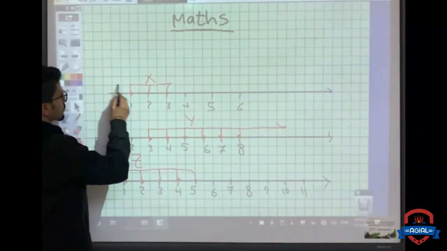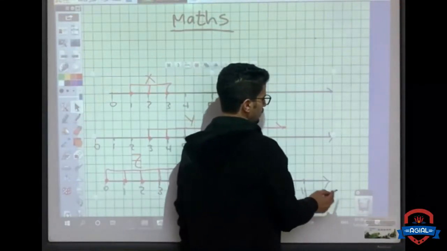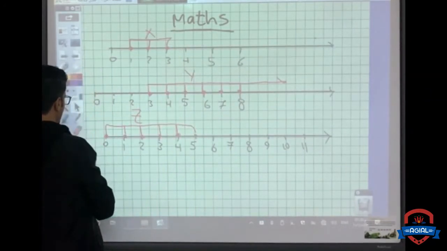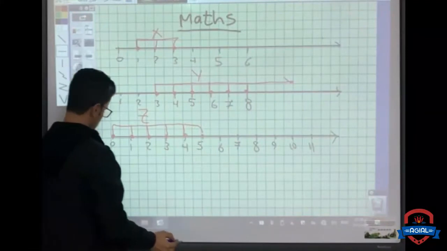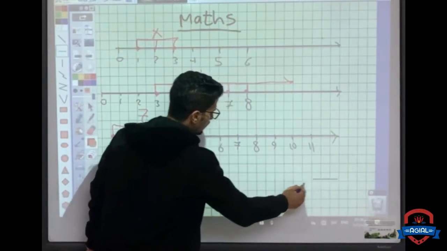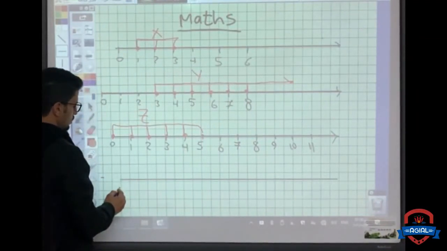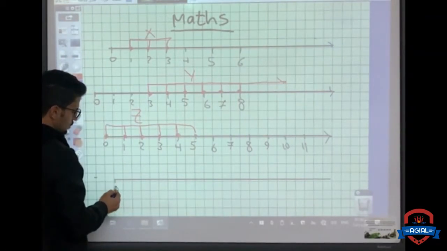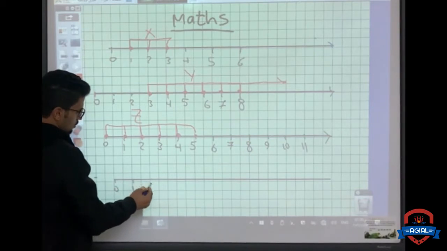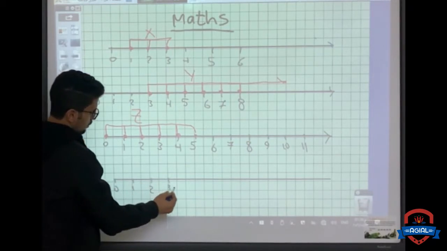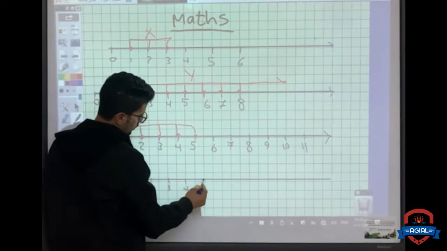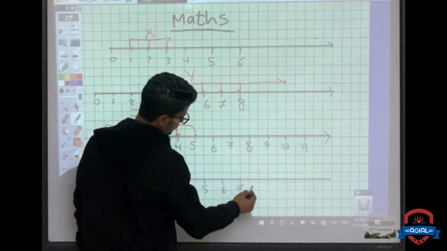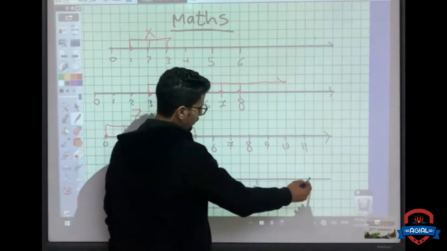So we draw another number line using this line segment. We start from 0, and we have 0, 1, 2, 3, 4, 5, 6, 7, 8, and so on.